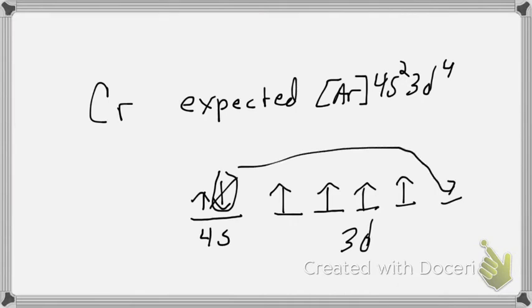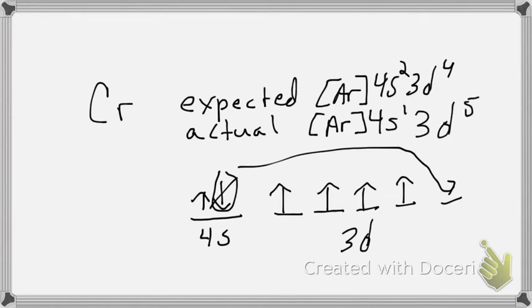The 4s electron that we normally think would be here, it actually moves right here. And because it moves right there, that means that the actual is not 4s2 3d4. It's actually 4s1 3d5. Okay? That is chromium.